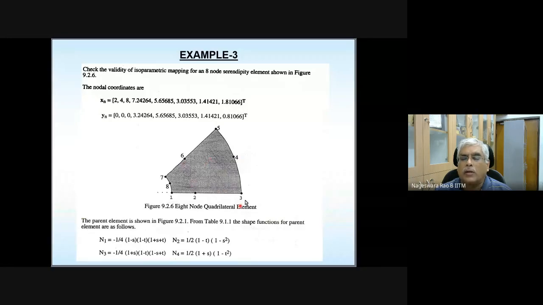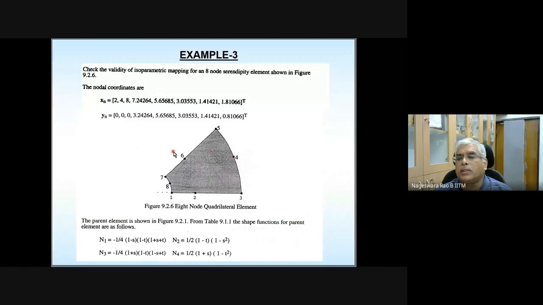And what should this element satisfy? The middle node for each of the edges, that is 2, 4, 6, and 8, should maintain at least some minimum distance from the nodes at the corners for that particular edge. What I mean to say is this node 2 has to maintain a certain distance from node 1 and node 3. It should not be too close to node 1 or too close to node 3.